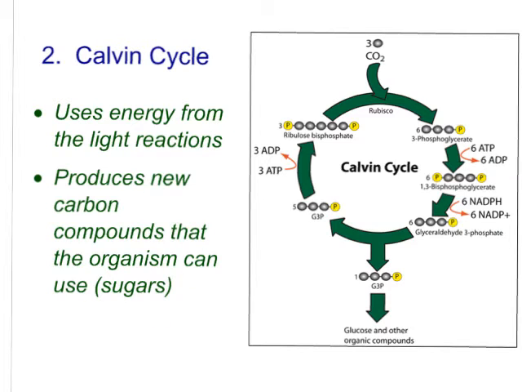So we get energy coming in from the light reactions, and we also get carbon dioxide that comes into the plant. That carbon dioxide and energy enter into this Calvin cycle, and you can see just as you look at the diagram that ATP energy is being used and converted into ADP, and NADPH is just another energy molecule.